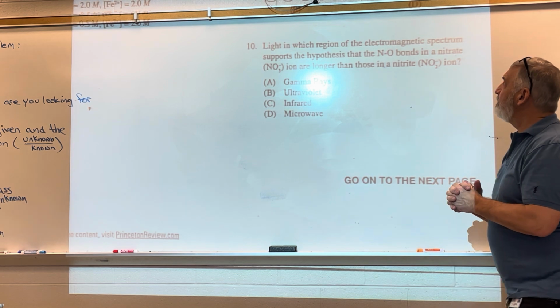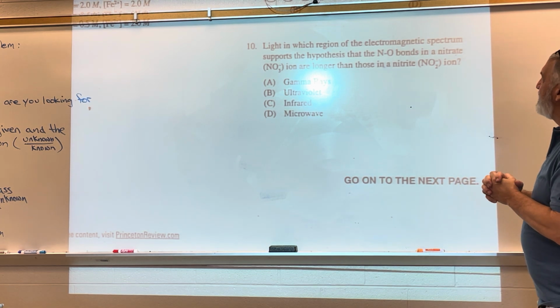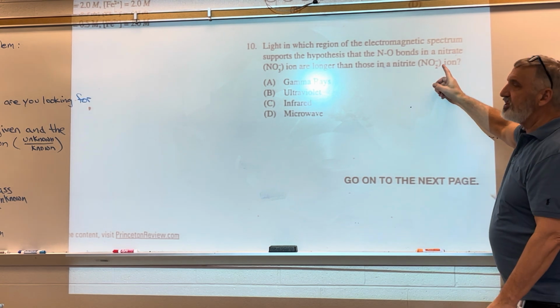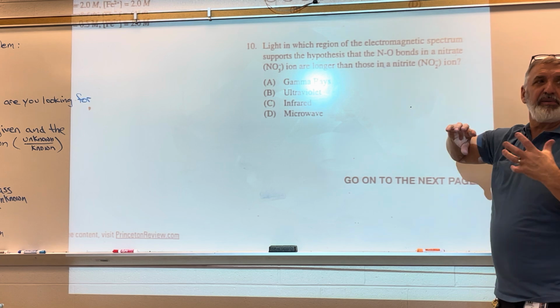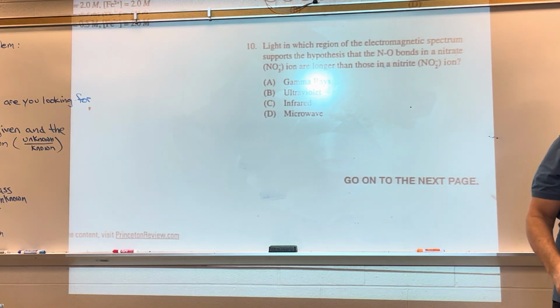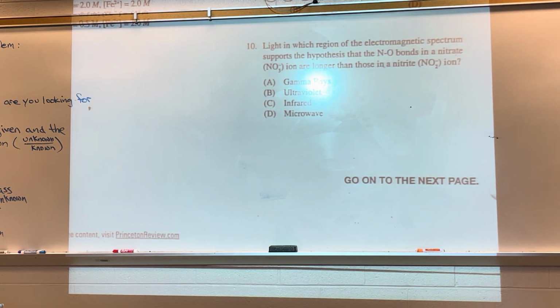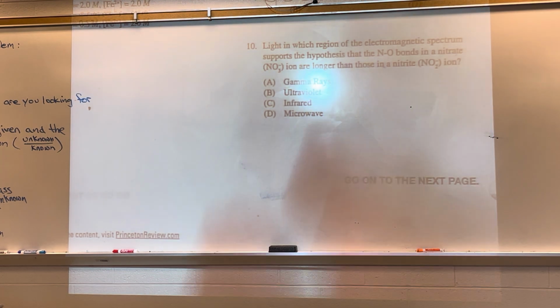Okay, so light in which region of the electromagnetic spectrum supports the hypothesis that the NO bonds in the nitrate are longer than those? That's pretty much going to be your infrared, because it's going to measure the type of bonds. Again, there's a very small chance of generally one question at the most on something like that. But that's straight up memorization again, and those are the little things that I do want you to memorize.